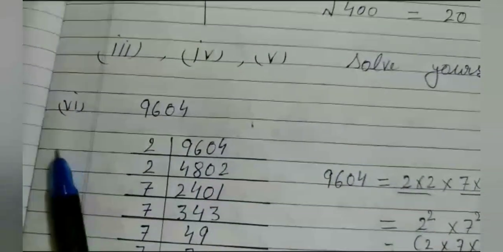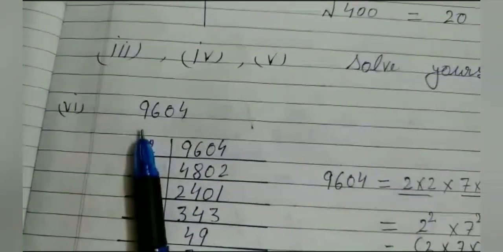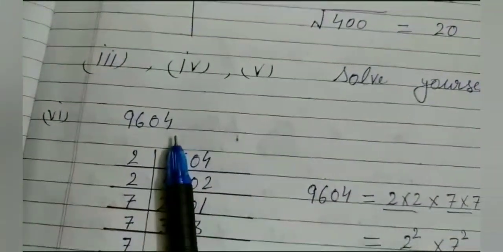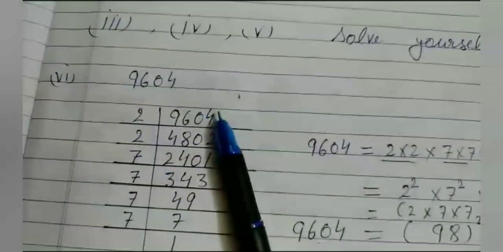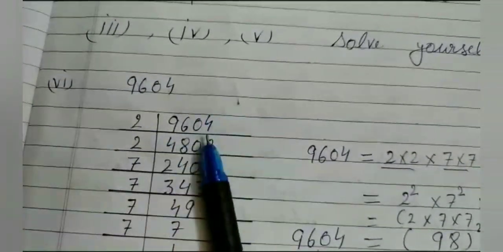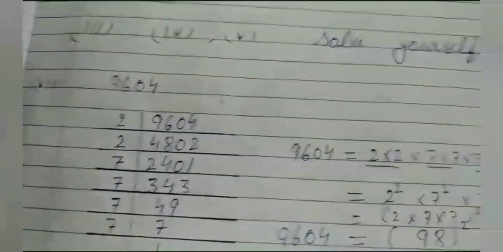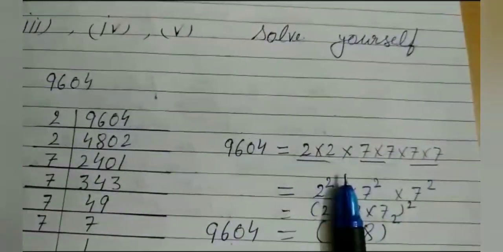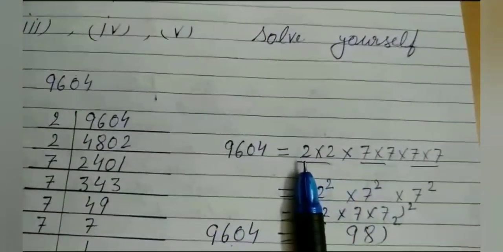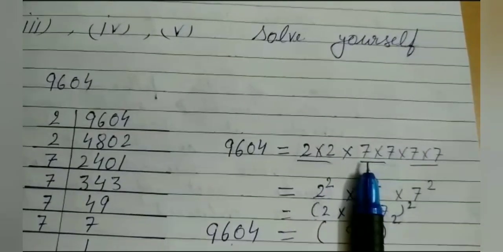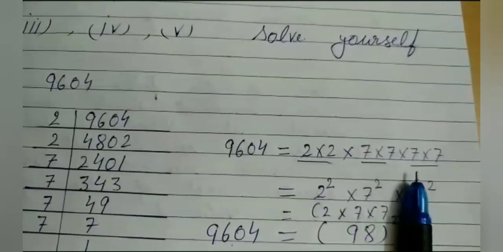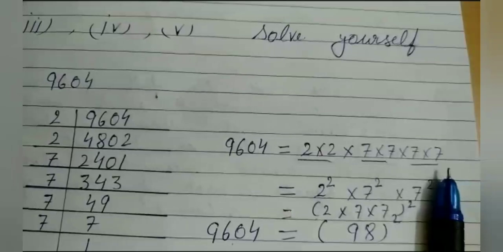Next part, 6. 9604. When we solve 9604, we get the prime factors 2 multiply 2 multiply 7 multiply 7 multiply 7 and multiply 7.